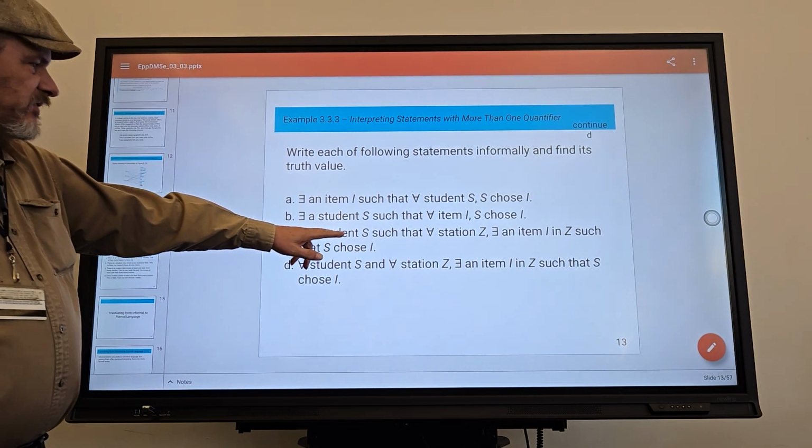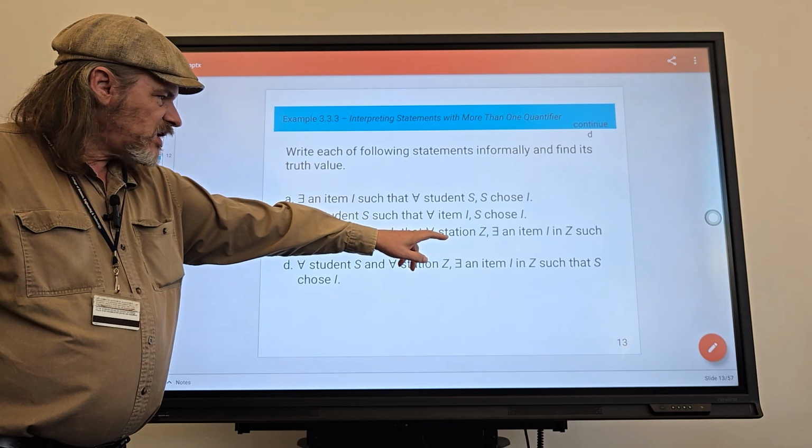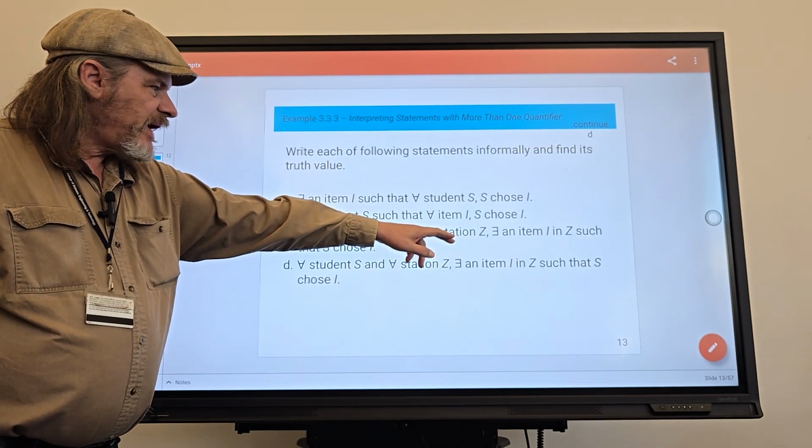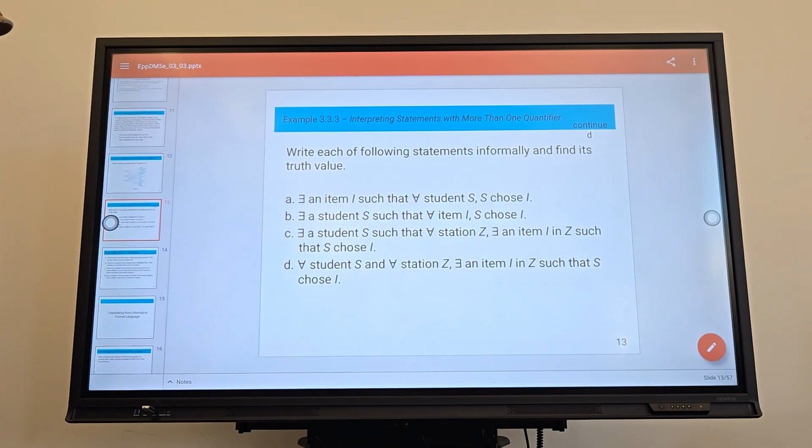There exists a student S such that for all stations Z, there exists an item I in Z such that S chose I. So that would be there's a student that chose at least one item from every station.